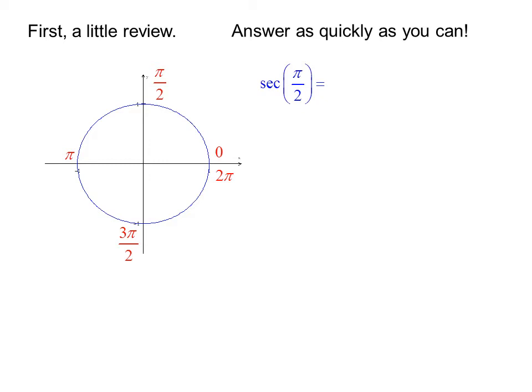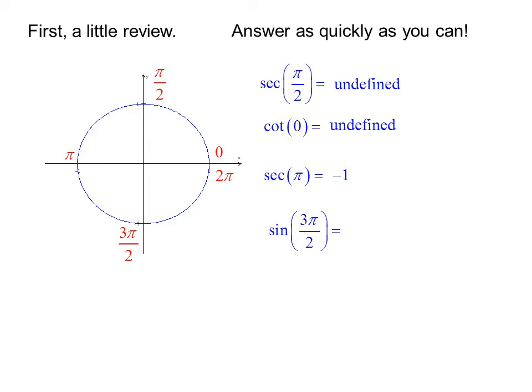A few more. Secant pi over 2 equals undefined. Cotangent 0 is undefined. Secant pi is negative 1.